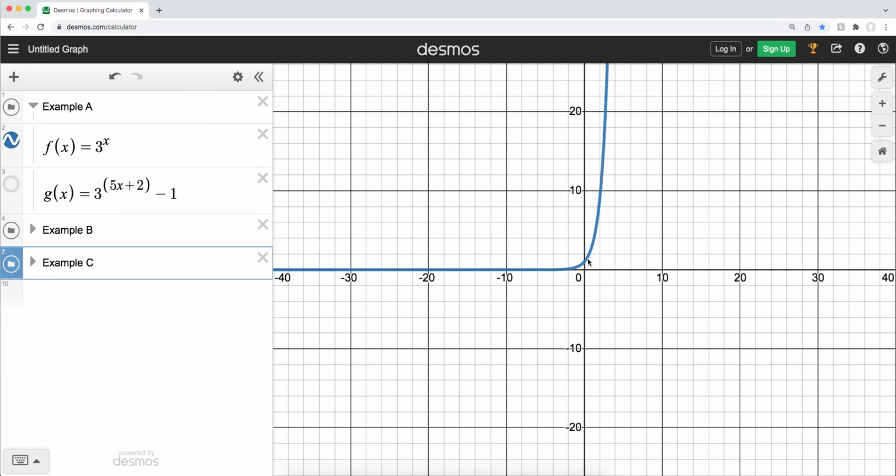So we notice again that as we head to the left, our values are getting closer to 0. We looked at that in the notes on the previous video. And then as we go to the right, our values grow without stopping.